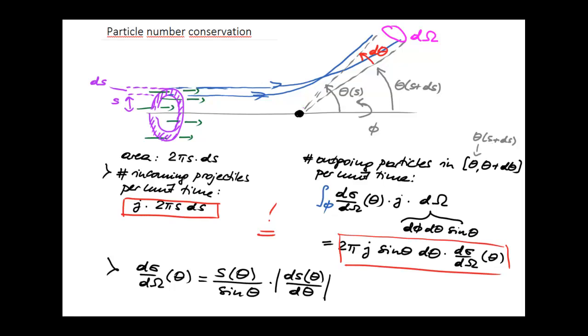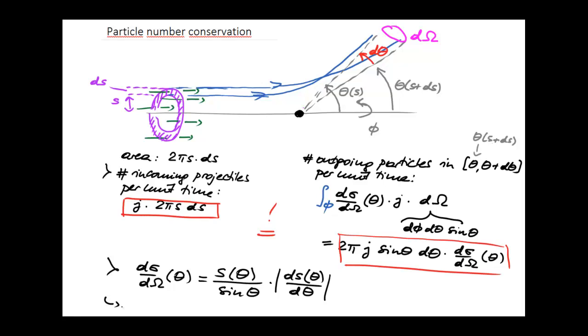So this tells you, if you know the scattering angle as a function of impact parameter, then you can invert. Then you know the impact parameter as a function of scattering angle. You can insert this into this equation and you can calculate the differential cross-section.